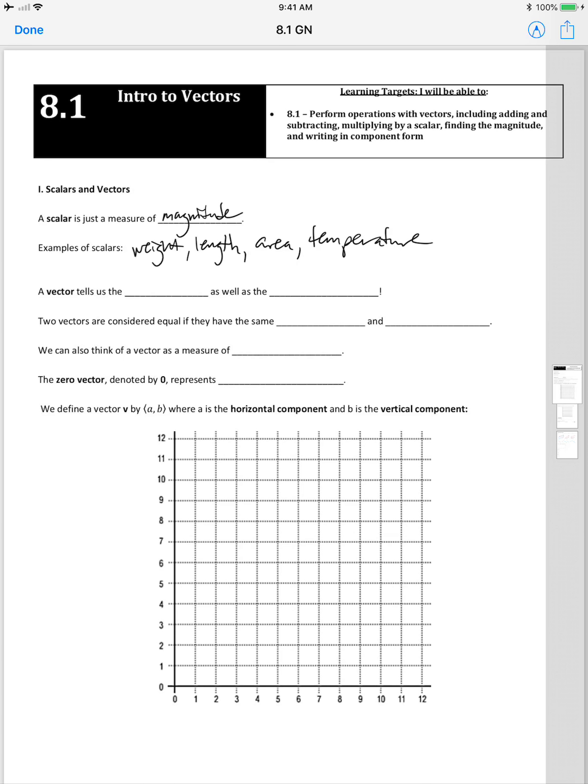But sometimes we want to talk about things that not only have a magnitude, but they also have a specific direction. And that's a vector. So yes, just like Despicable Me. A vector tells us the magnitude as well as the direction of something.